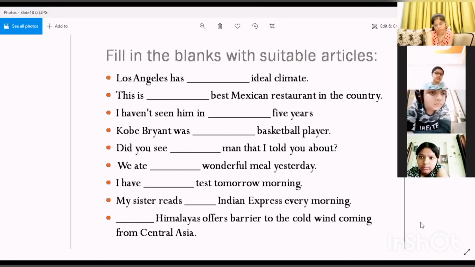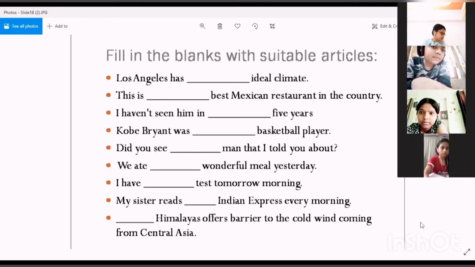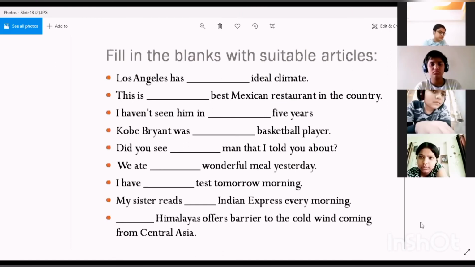Okay, anyone else? Pratishtha, what is your answer for the first sentence? Ma'am, an. Yes, Los Angeles has an ideal climate. So the answer would be an over here, not the.